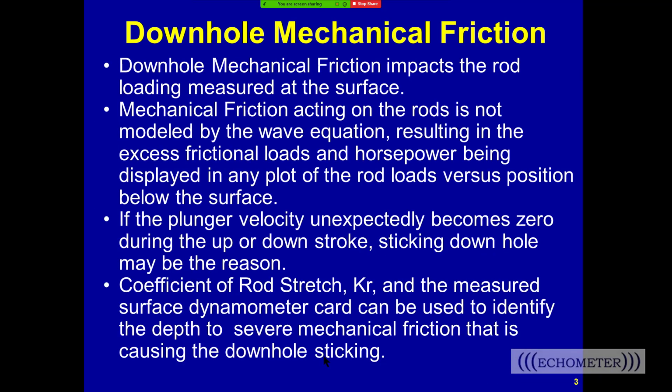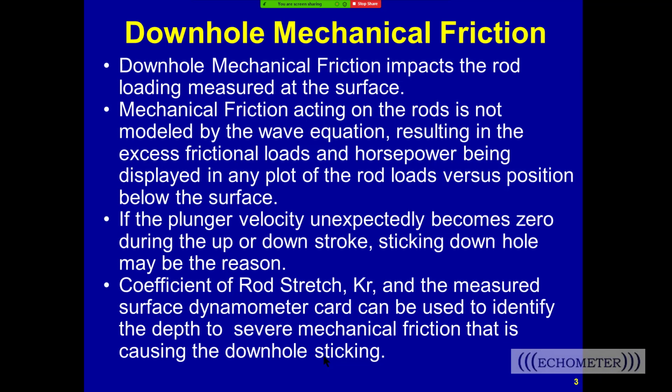So when you have mechanical friction down hole, you know that you have it because you see an increase in rod loading at the surface of the well that you measure. It's not really modeled in some cases how it's applied.